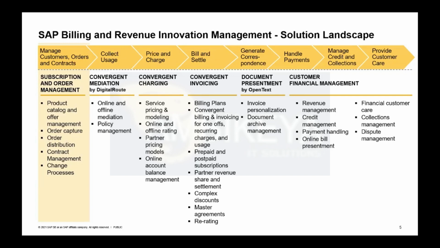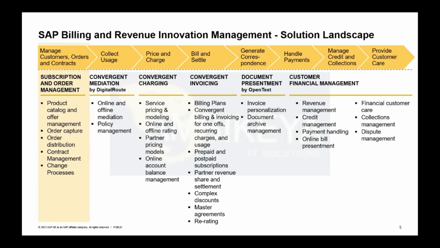So we have the order capture process where a customer selects the combination of products and where we sell bundles of the products. We will also keep the commercial part of the sale. If it comes to a contract, the contract needs to be distributed in the whole BRIM landscape.